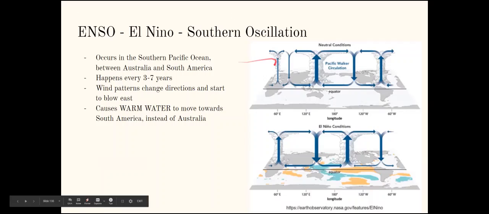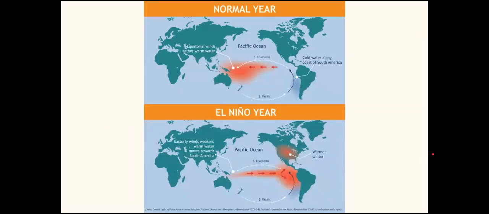And so this image just kind of shows you normally the warm water and warm air goes in this direction. However, during an El Nino, they change and go towards the Americas. Again, this image just kind of shows it in a normal year, warm water towards Australia, Philippines, and Indonesia. El Nino, they switch directions and go back towards South America.